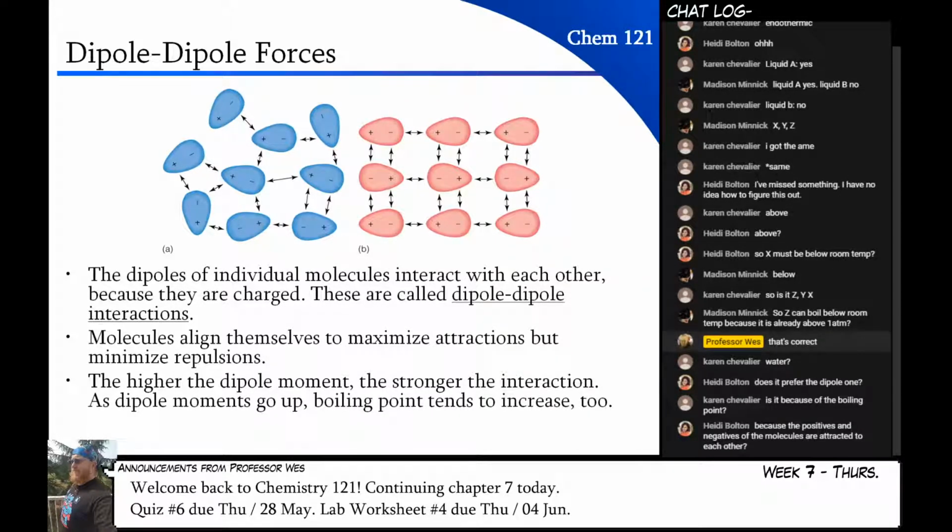Now, if I make my molecules more polar, which means that the difference in electronegativity along this molecule is larger, the bond becomes more polar, and the consequence of that is that dipole interactions become stronger.